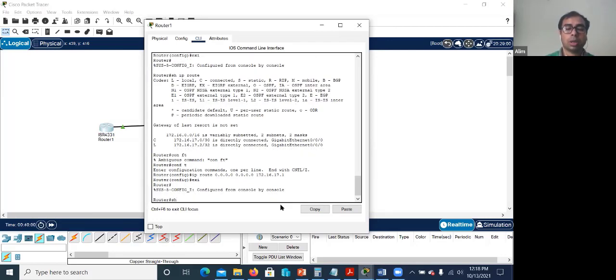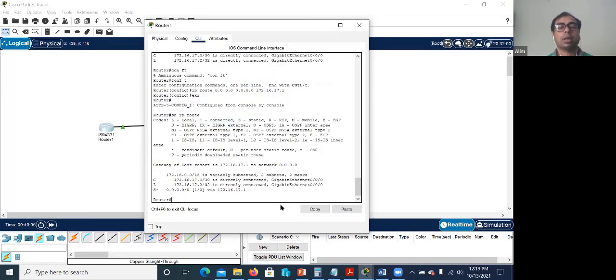Now show IP route. Now check IP route. See, S with a star. You know, C means connected, and L means local IP address. C means connected, that is the point-to-point network. And what is S?